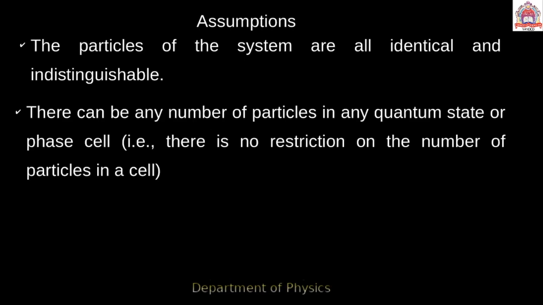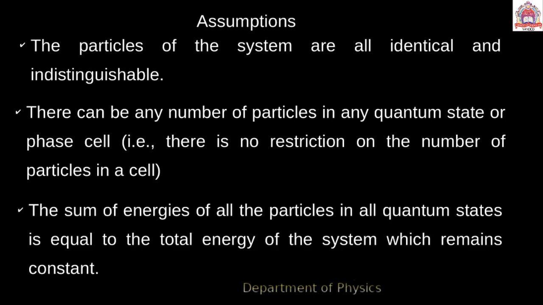There can be any number of particles in any quantum state or phase cell. It means there is no restriction on the number of particles in a cell. The sum of energies of all the particles in all quantum states is equal to the total energy of the system, which remains constant.